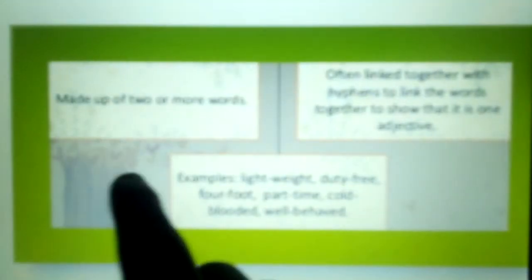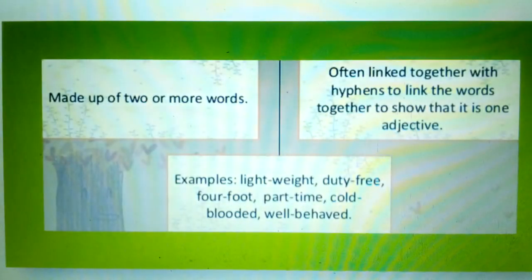Now the other type, it is known as compound adjective. It is made up of two or more words. They are often linked together with hyphens to link the words together to show that it is one adjective. And the examples are lightweight, duty-free, 4-foot, part-time, cold-blooded, well-behaved. You can see the hyphens in these adjectives.